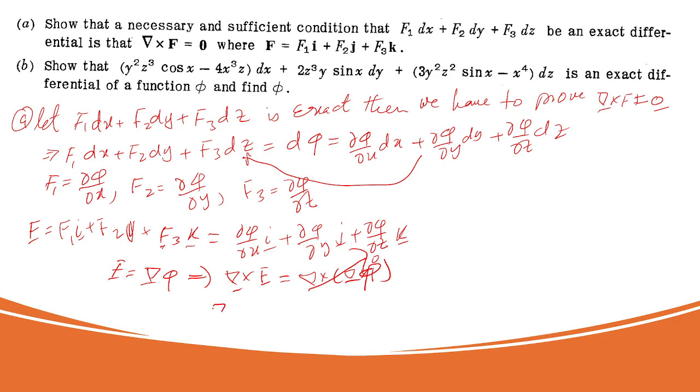So that means curl of F is 0. So if this expression is an exact differential, that implies curl of F is 0. Now we have to prove the converse: if the curl is 0, then it should be an exact differential.